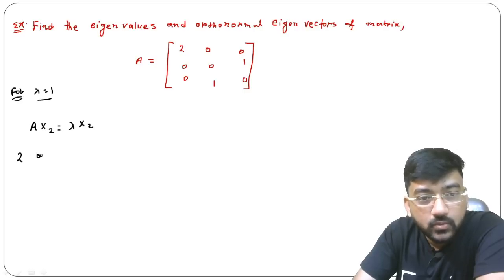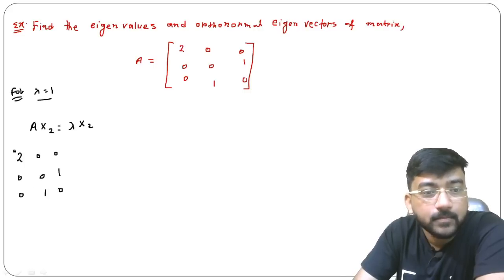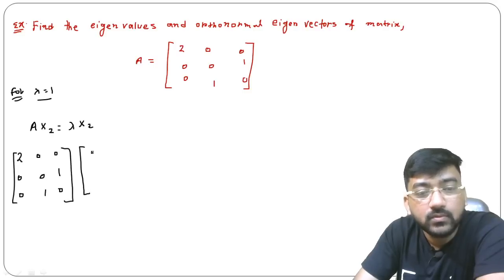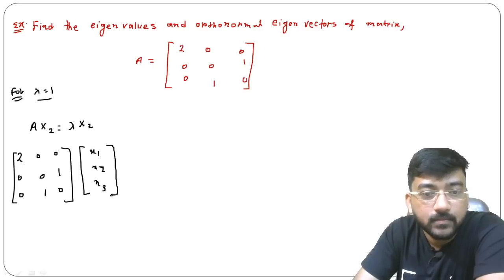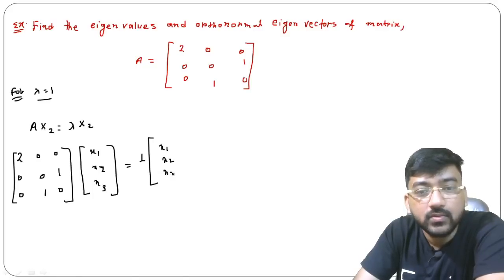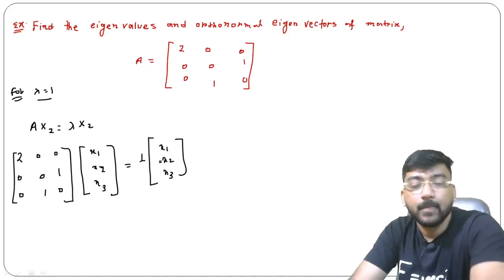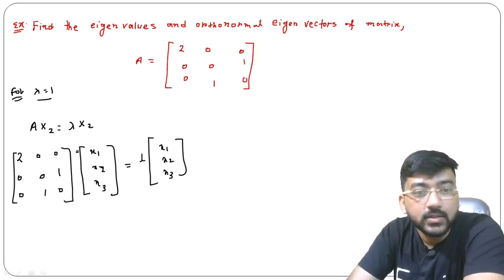Now it will be again the matrix [2, 0, 0; 0, 0, 1; 0, 1, 0], and x2 is again x1, x2 and x3. That is equal to just 1 into x1, x2, x3.